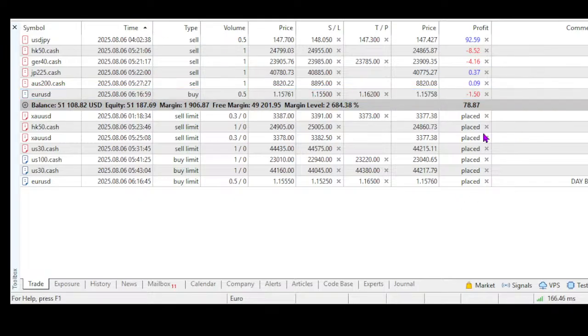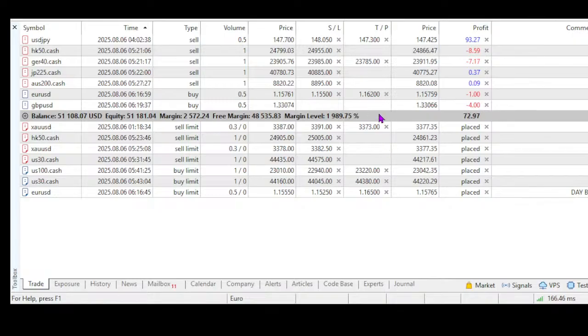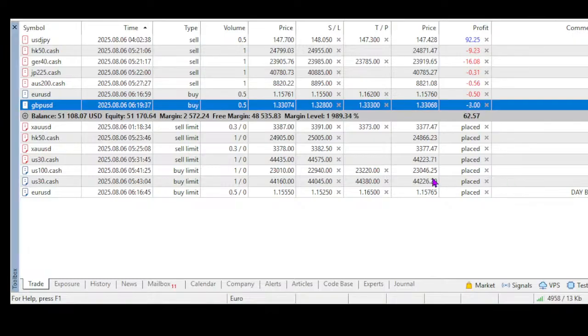One is a market entry, and the stop is 80, and TP is only about 30 or 35. We don't want to go beyond that.